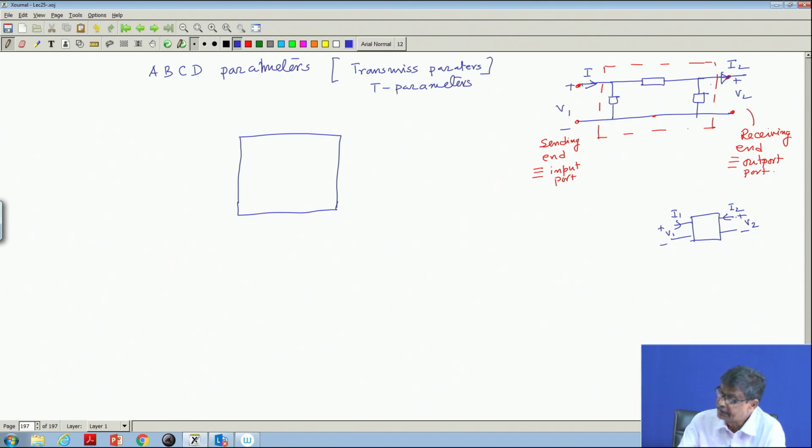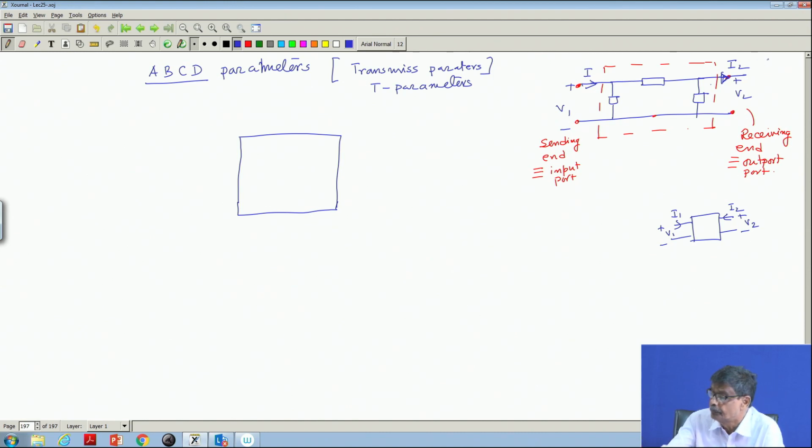But here, in this transmission line modeling ABCD representation of a 2 port network, I2 is taken to be the current delivered to the load. There will be some load after you receive the power, and that is how ABCD will be defined. So you should note very carefully what I am telling now.